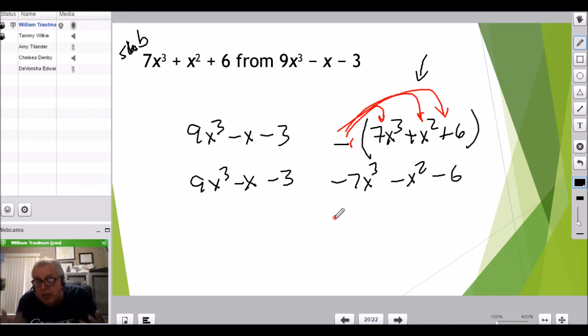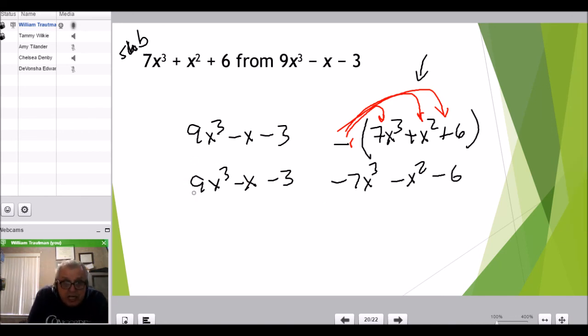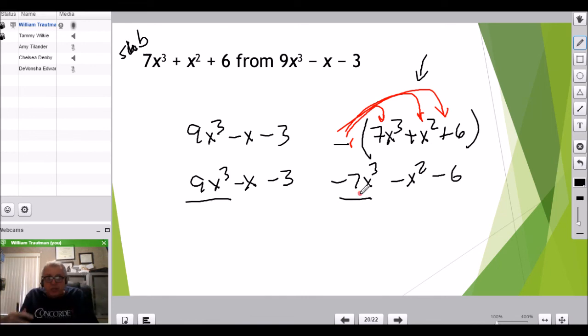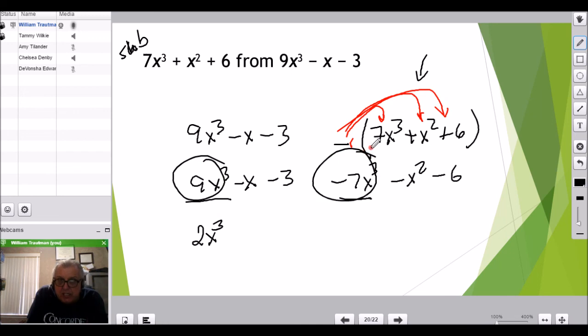Now I can combine these terms. And you can only add x³s with x³s, x squares with x squares. 9x³ minus 7x³ is 2x³, right? 9 minus 7 is 2x³s. I need to do the x squares now. There are no other x squares, so I'm just putting that part in my answer.